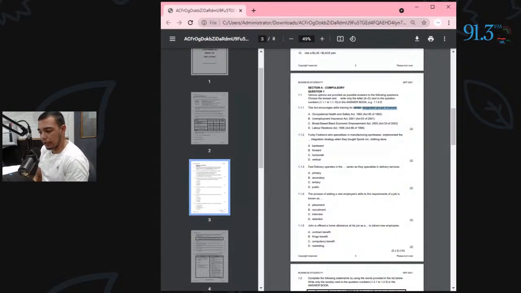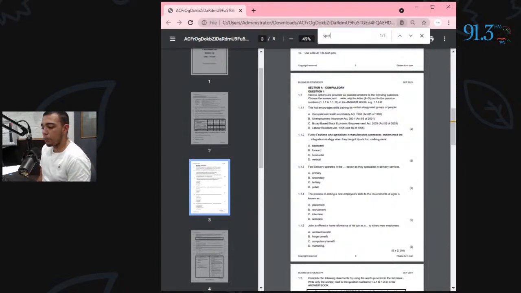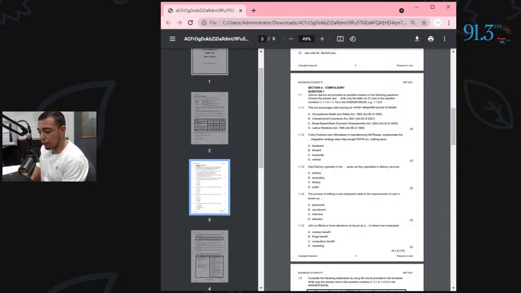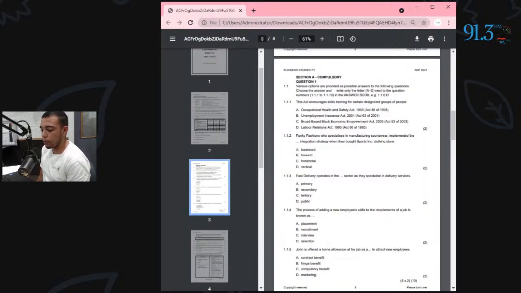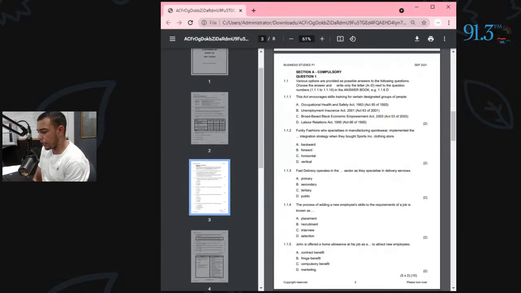So backward integration is what? Backward integration is when a company buys over its suppliers. So it cannot be that. We know that vertical integration doesn't take place here, so that we scratch out. We already know that that isn't the answer. We look at C, horizontal integration. So what is horizontal integration?